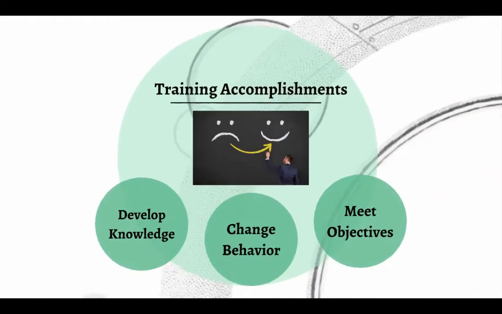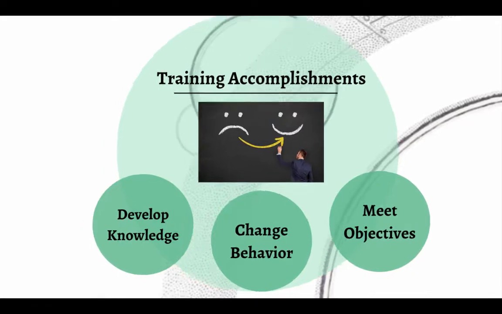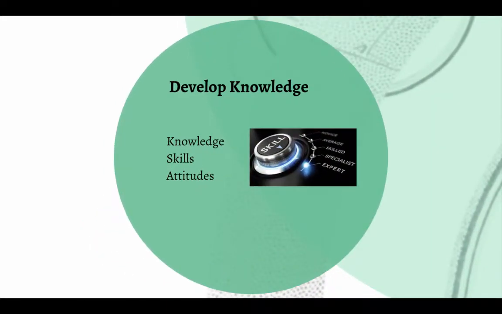Training should accomplish at least 3 things. It should develop knowledge, skills, and attitudes. It should provide changes in behavior, and it should meet specific objectives. The focus of training is to prepare individuals to perform the duties of the job to which they will be assigned.